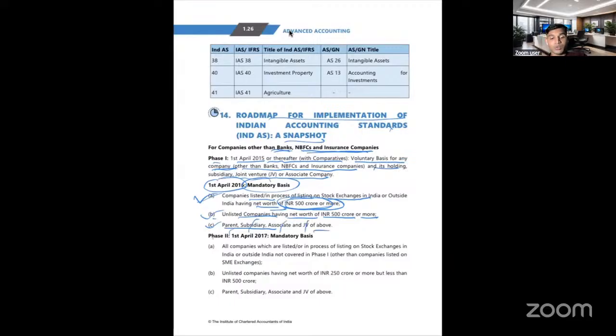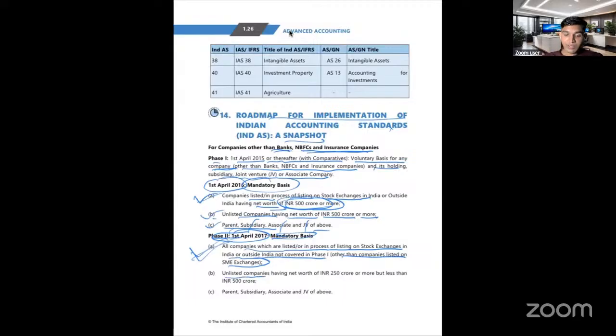Then in phase two, from 1st April 2017, on a mandatory basis for all companies which are listed or in the process of listing on a stock exchange in India or outside India, not covered in phase one, other than companies listed on the SME exchange. So here all listed companies come under Ind AS.